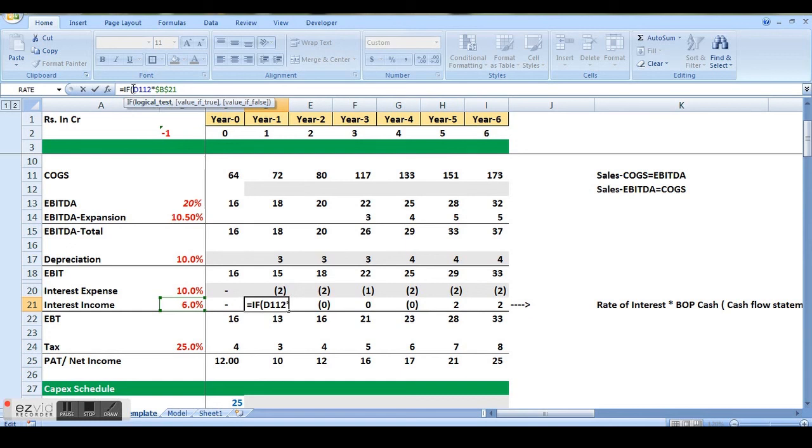Now the beginning cash balance is given in D112. So I put it as D112. If it is greater than 0, then only apply this formula, otherwise keep it 0. And I enter it, so it makes my interest income as 0 for year 1.